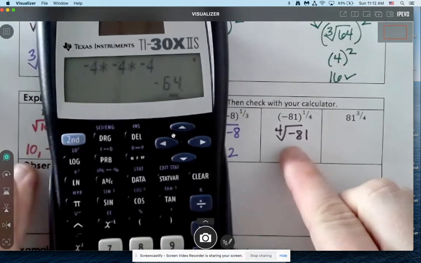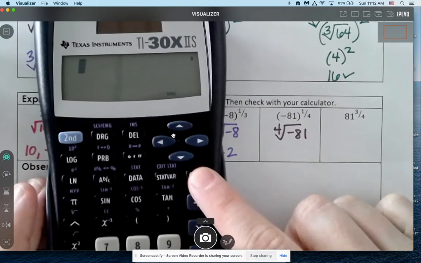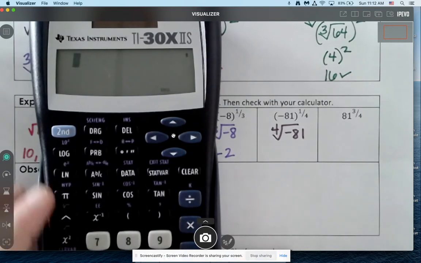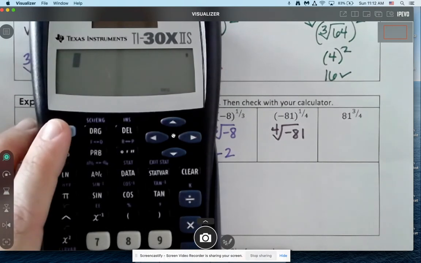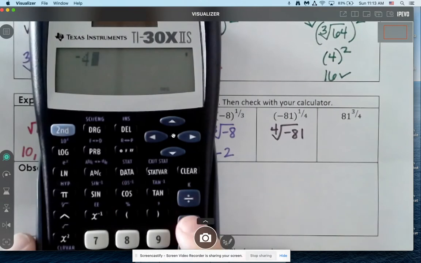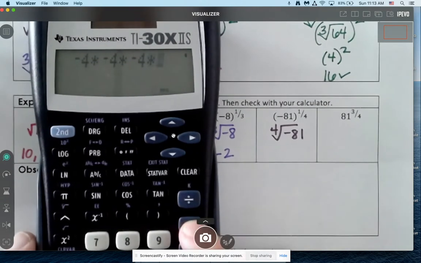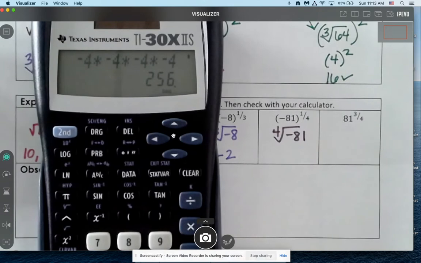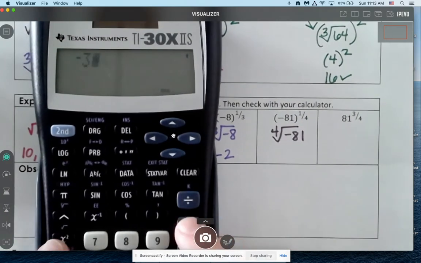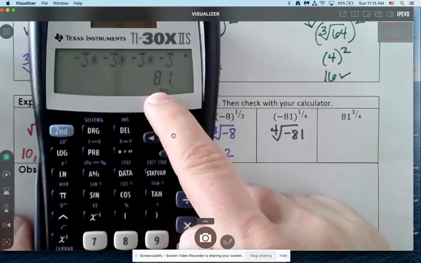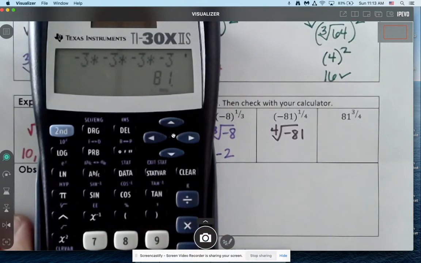I hope you're thinking a number times itself 4 times would be an even amount, and you can't take an even amount to get a negative number, right? Because if I took -4 times -4 times -4 times -4, I get a positive number, right? Or if I did -3 times -3 times -3 times -3, I get positive 81. So this one has no solution.